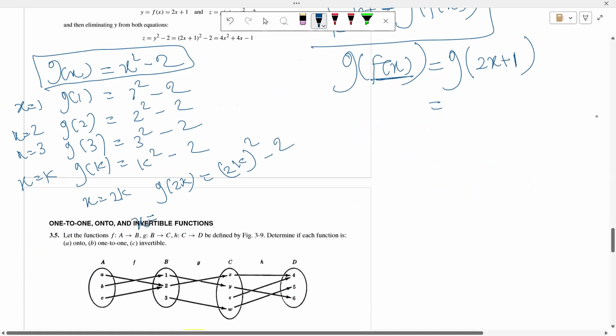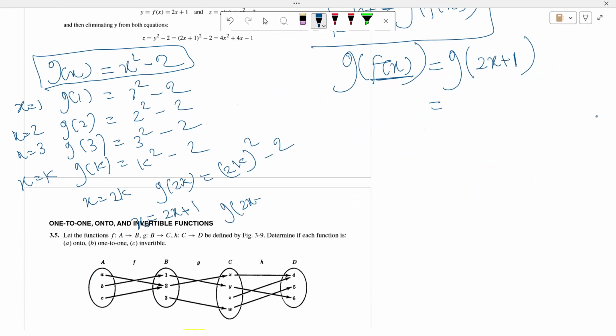Now I need to put x equal to 2x plus 1. If I put x equal to 2x plus 1, g of 2x plus 1 is equal to, wherever x is there, I replace it with 2x plus 1, all to the power of 2 minus 2. So this is the function. How can I write it?